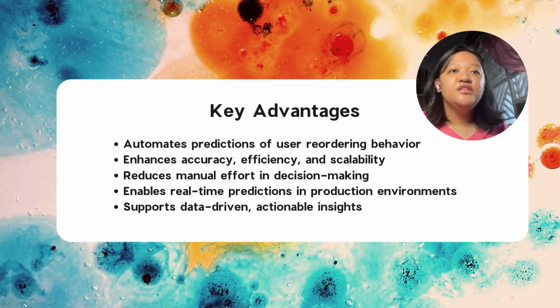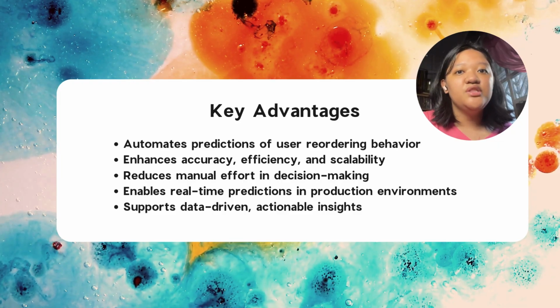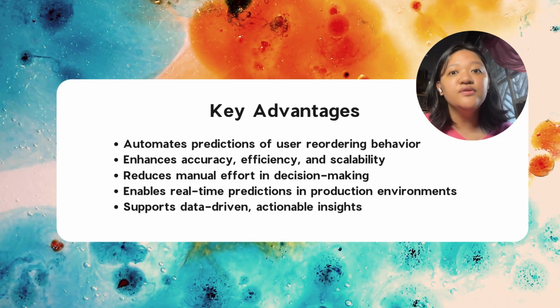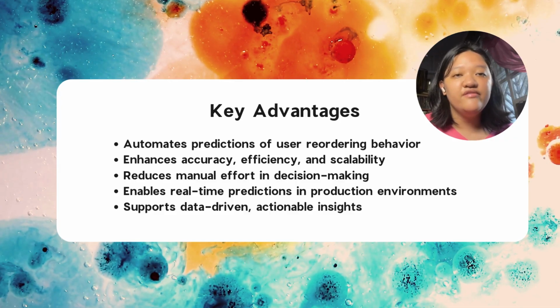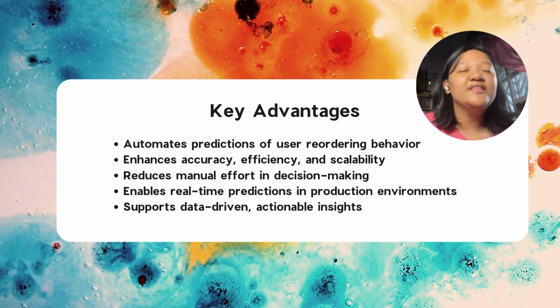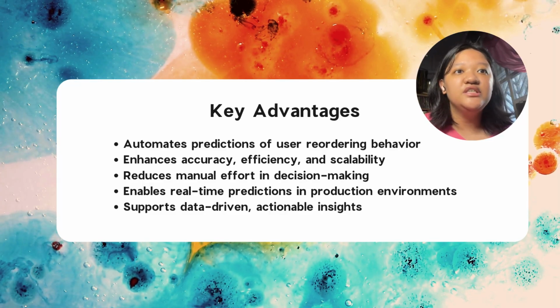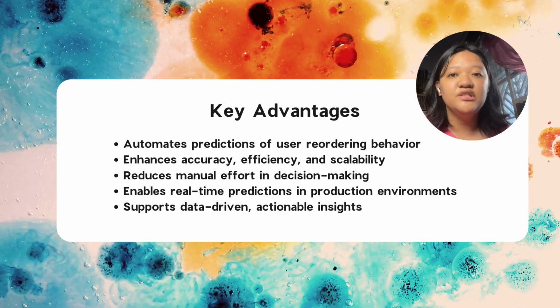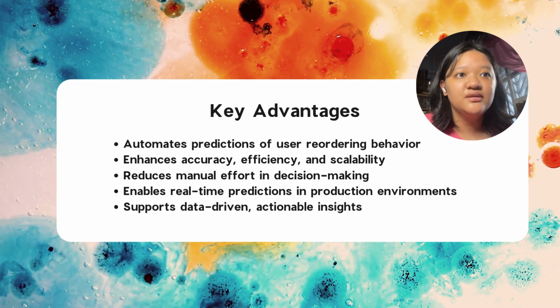In summary, the benefits of using this machine learning process are substantial. By automating the prediction of user ordering behavior in a supermarket, we enhance accuracy, efficiency, and scalability in managing inventory and personalizing customer experiences.